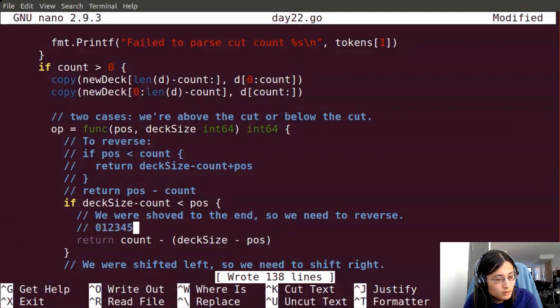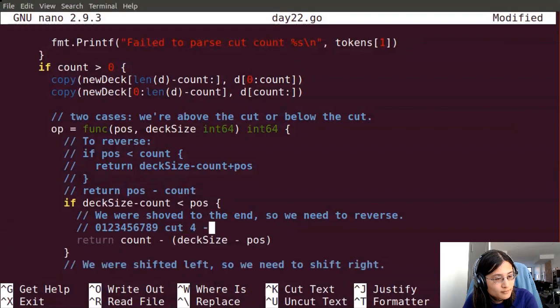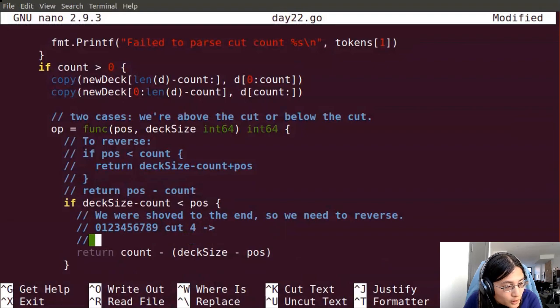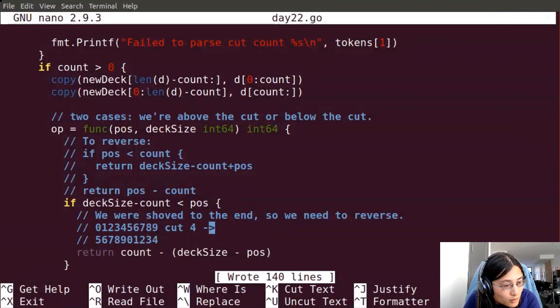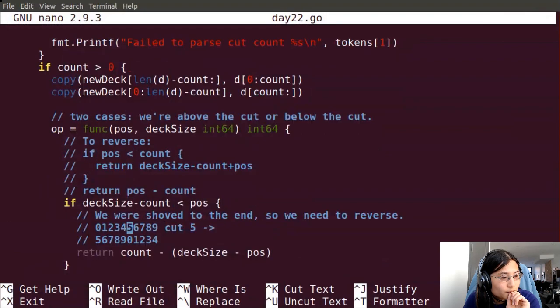So if I had that happen, this should be, so if deck size minus count is less than position, less than or equal to. Let's make this more obvious, actually.